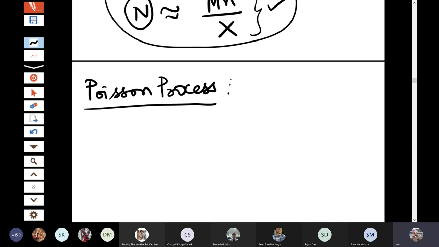So whenever we are observing the events happening over time, area or space, then if they satisfy certain kind of structure, we can calculate the distribution.